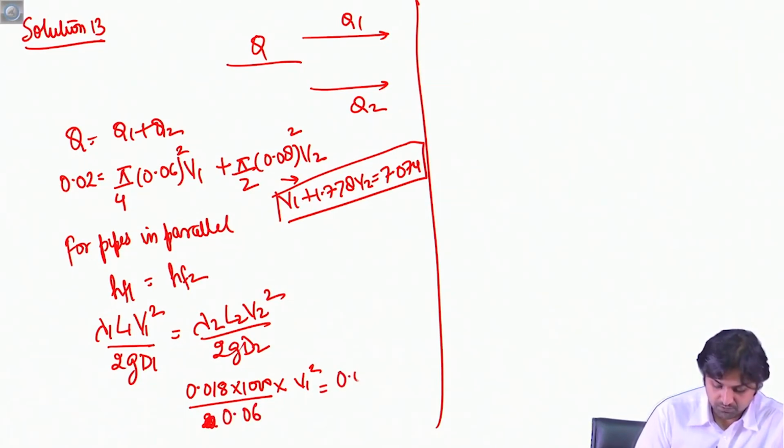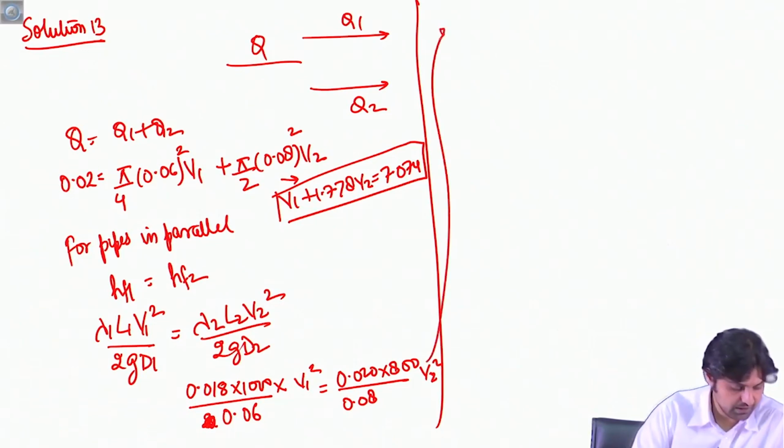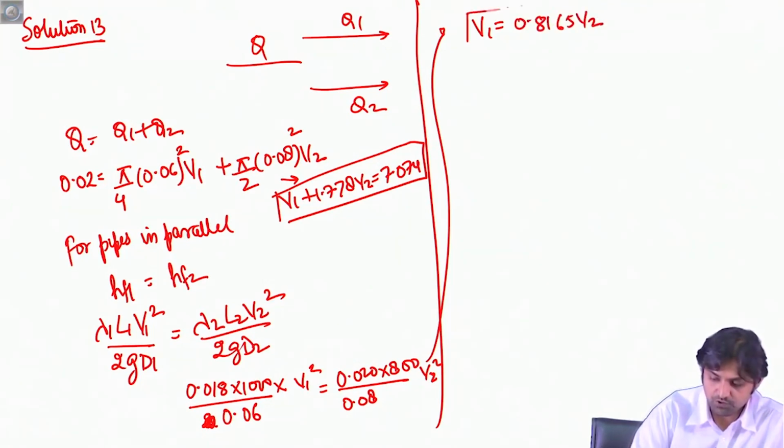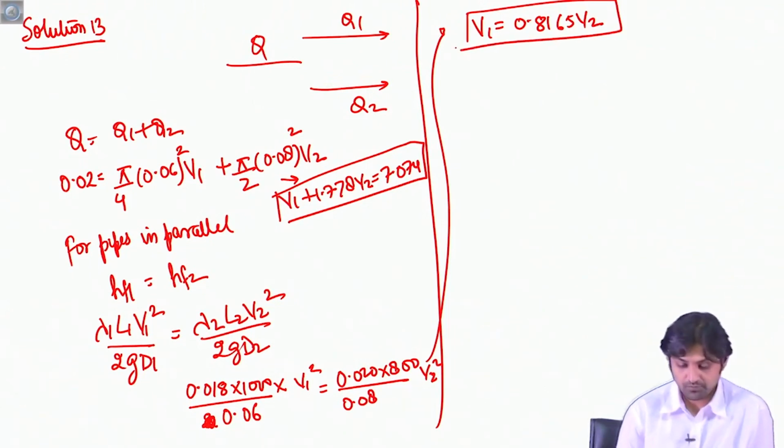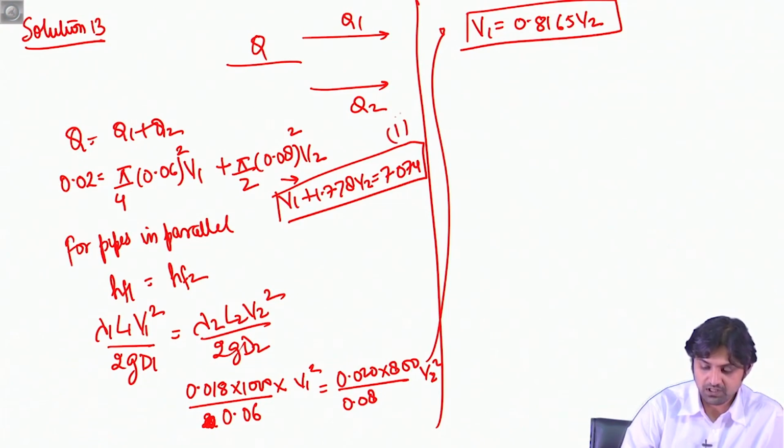This equals 0.020 into 800, into V2 square by 2g times 0.08. So, taking it here, we will get V1 is equal to 0.8165 V2. So we have two equations in V1 and V2.